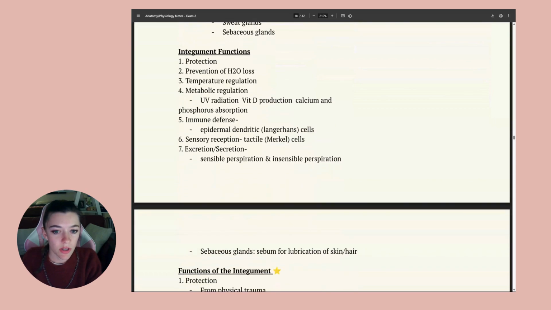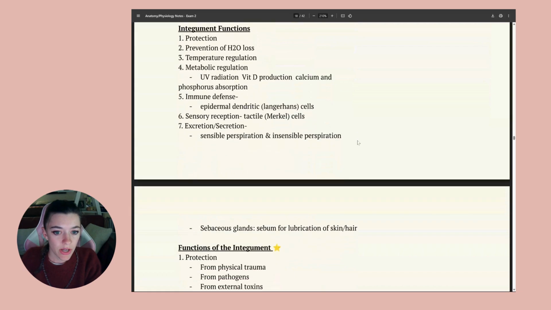Another function is immune defense, that is your epidermal dendritic cells. Next is sensory reception, those are your Merkel cells. And lastly is excretion and secretion. This is going to be your perspiration and then your sebaceous glands, which produce sebum.